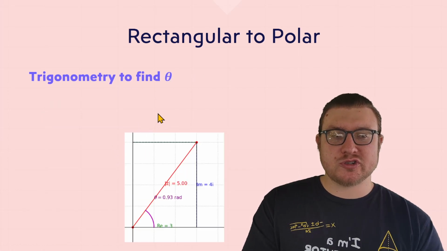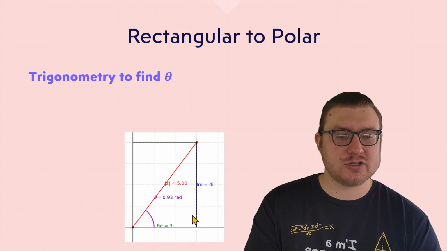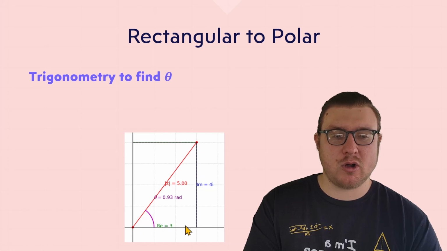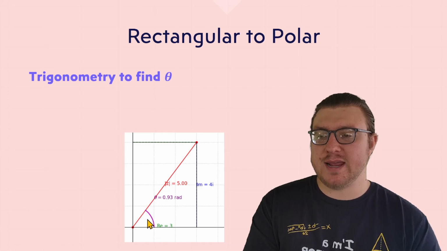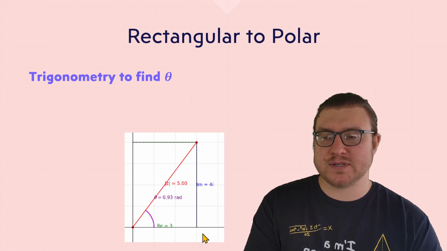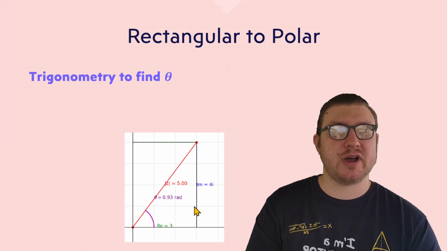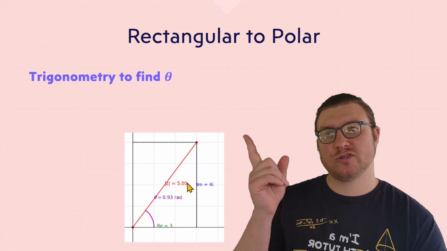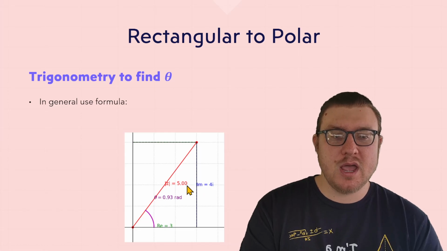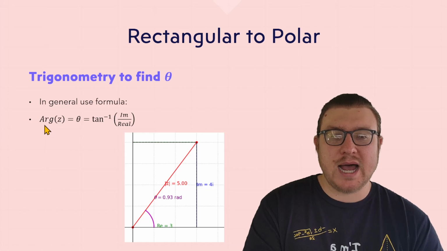We can also use trigonometry to find the angle because we can have a right angle triangle using our coordinate form just like before. And if we want to find the angle here, we always have the opposite divided by the adjacent, which is tan. And to find the angle, we do the inverse of tan, tan to the negative 1. Again, there's a formula in your formula sheet, arg z.